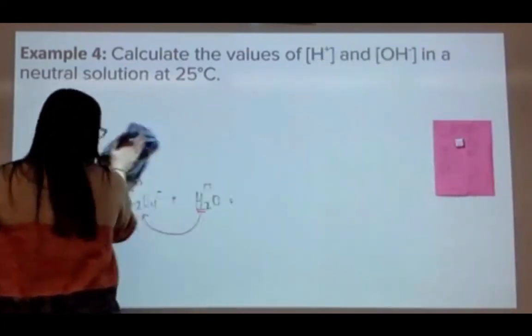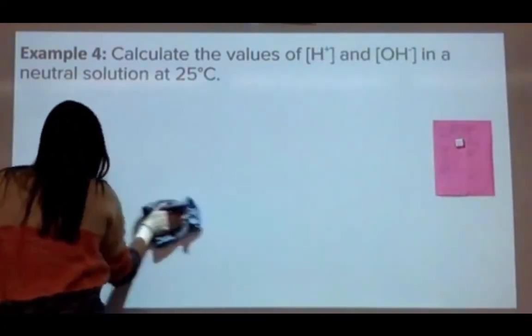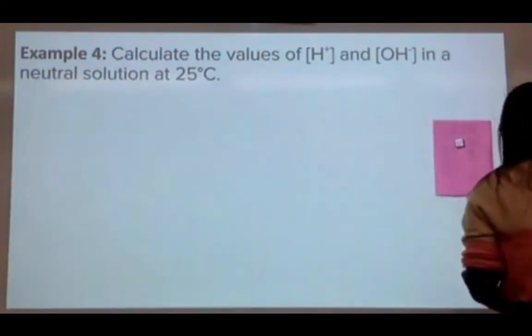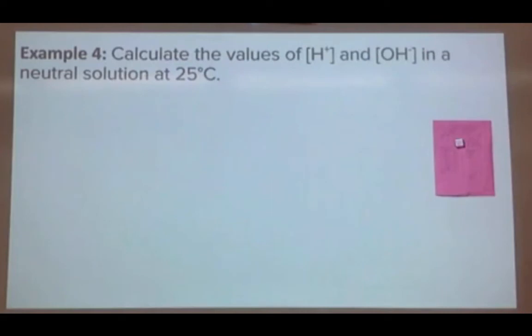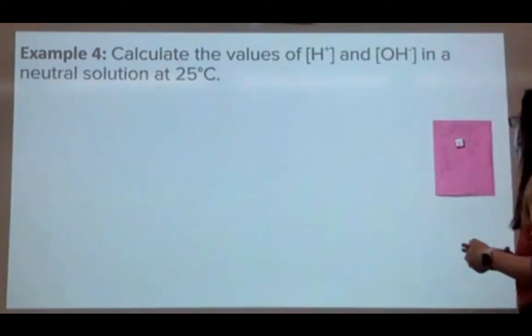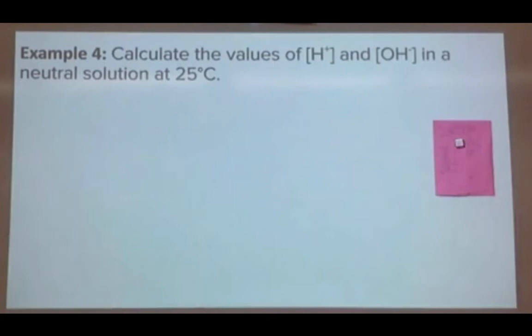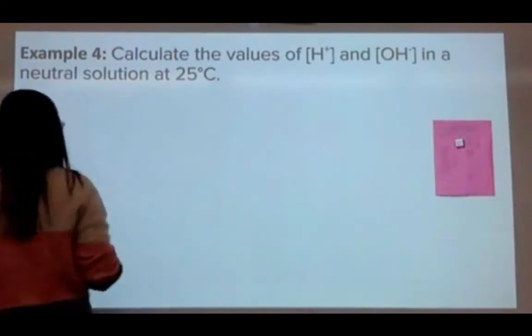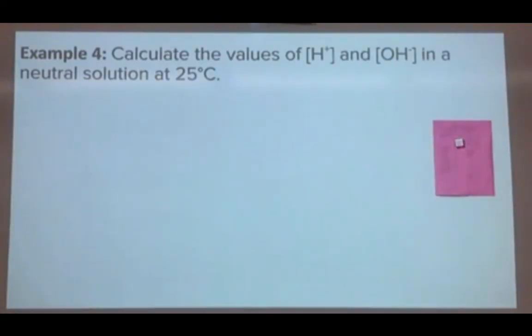On the equilibrium portion of the equation sheet, underneath that we also see Ka and Kb, which we'll get to next week, and Kw. It says Kw equals H plus times OH minus equals 1 times 10 to the negative 14 at 25 degrees Celsius. So Kw relates the H plus and the OH minus concentrations.